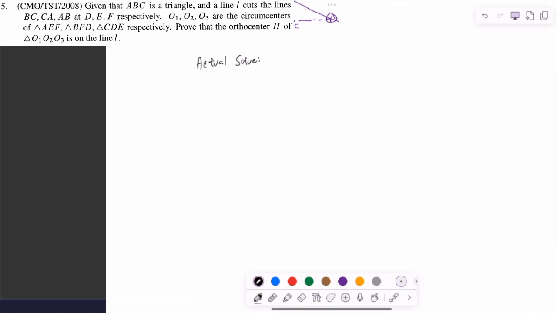Basically we need to prove that, let's remind ourselves, the orthocenter H of O1, O2, O3 lies on L.